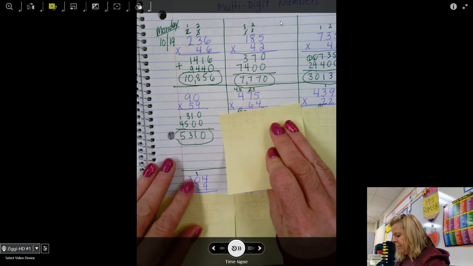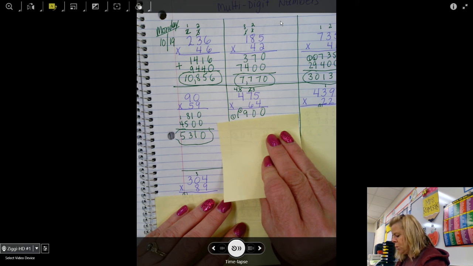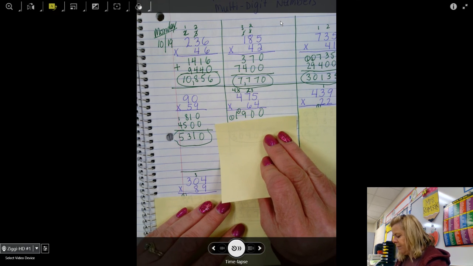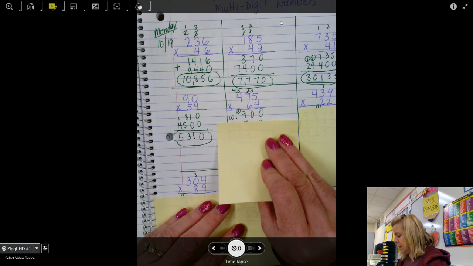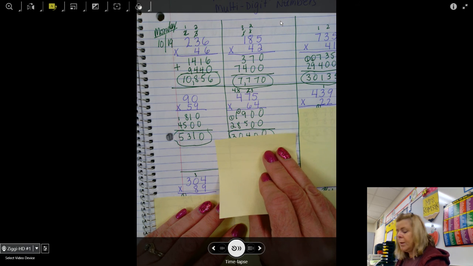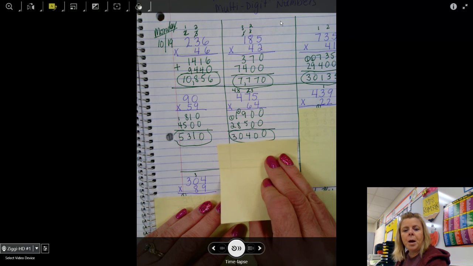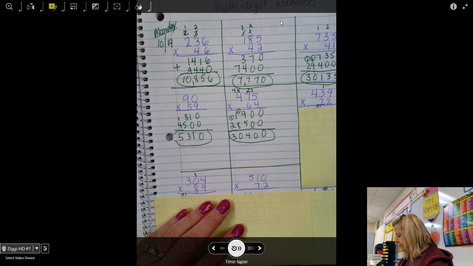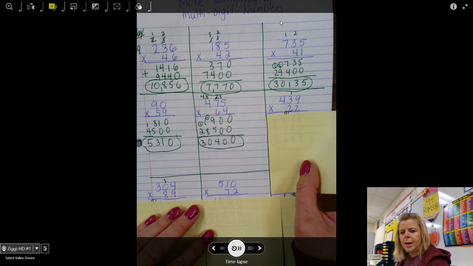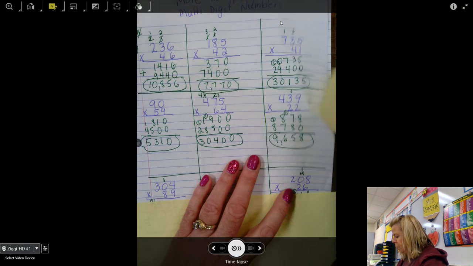Okay, then we have 475 times 4, which is 1,900. And then 475 times 60, which is 28,500. With the final answer, when I add them up, it's 30,400. Okay, now we're on 439 times 22.